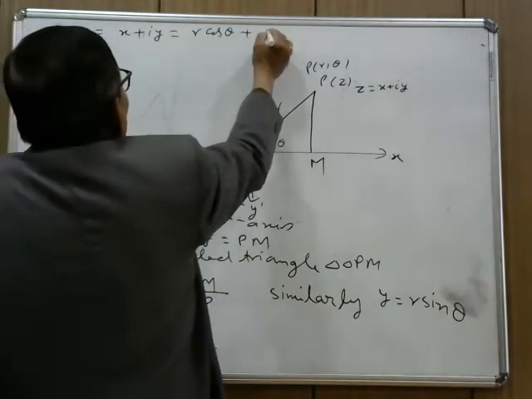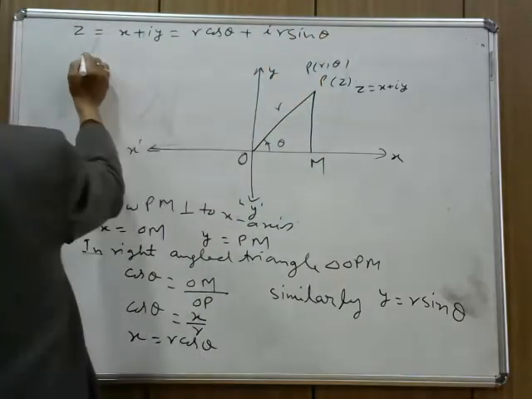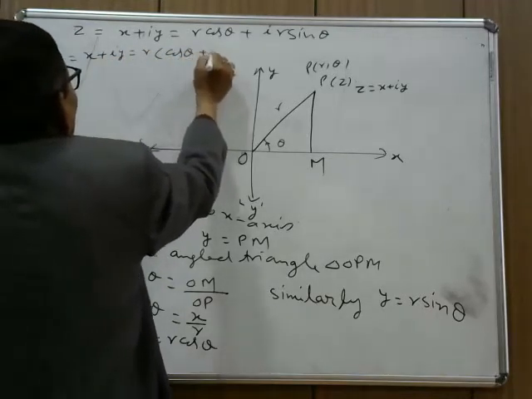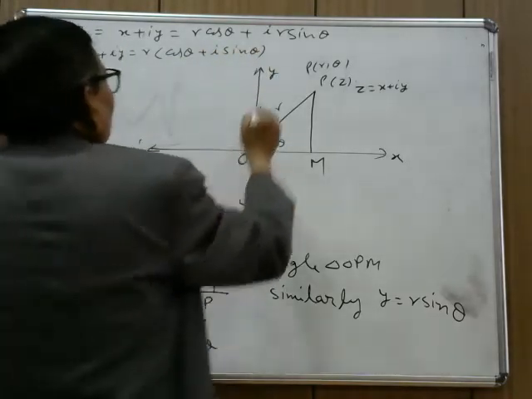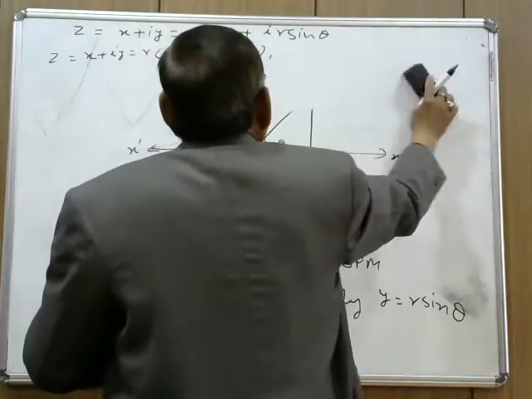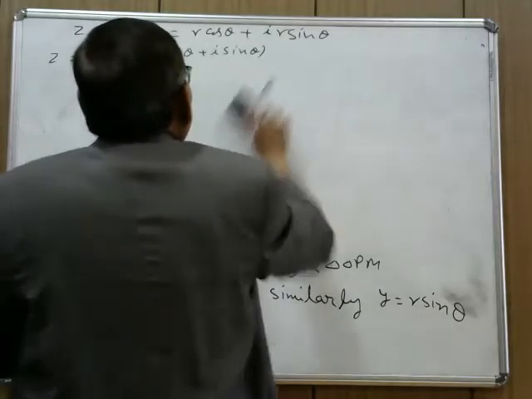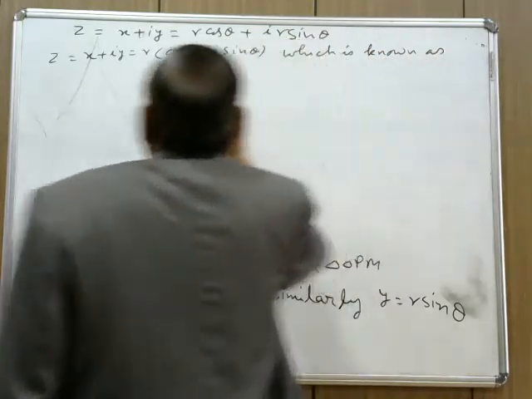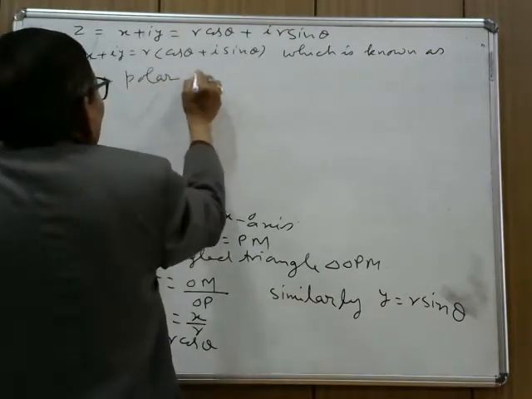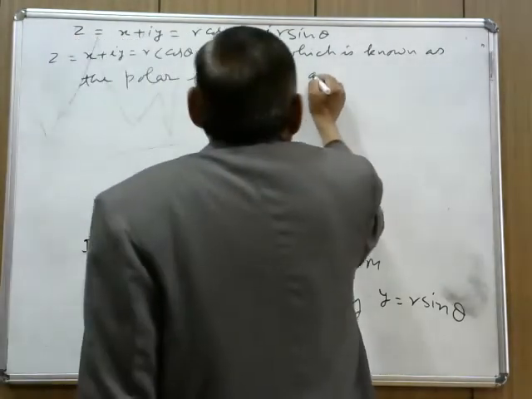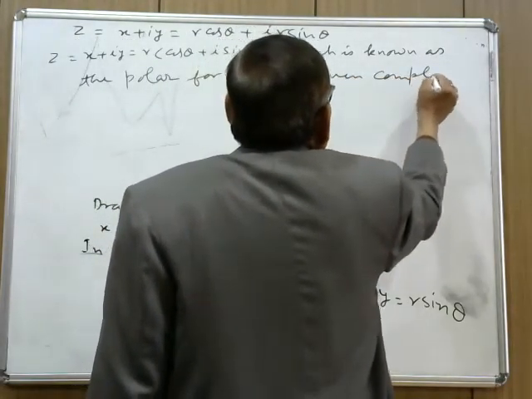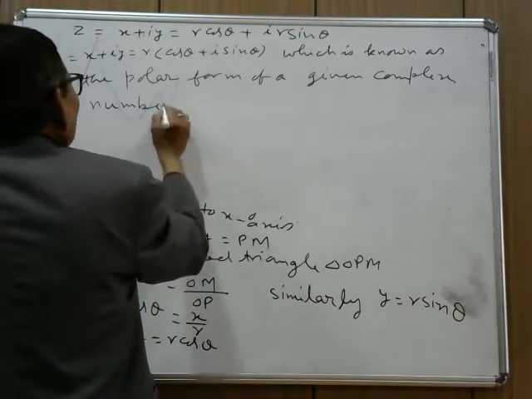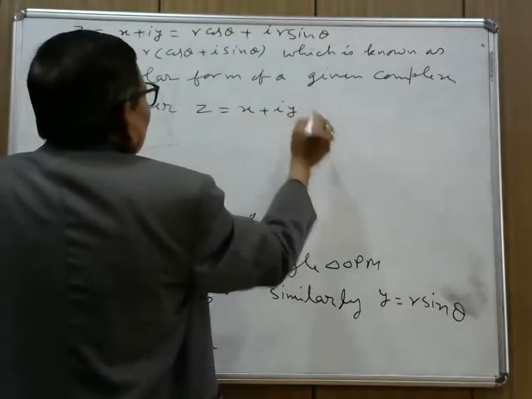You can write r cos theta plus i r sin theta, so z equal to x plus iy can be written as r (cos theta plus i sin theta), which is known as the polar form of the given complex number z equal to x plus iy.